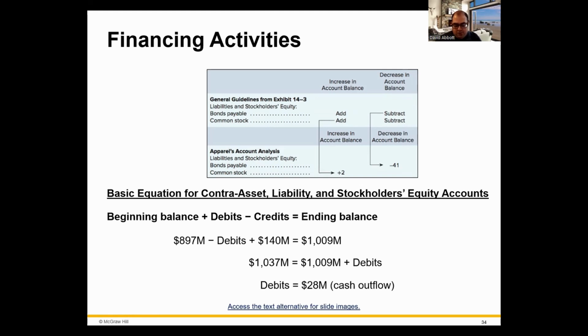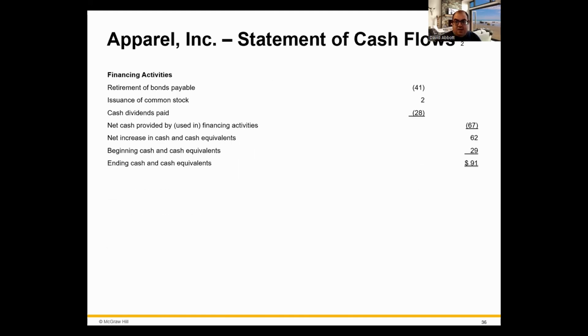Now, the balance in bonds payable decreased by 41 million because the assumptions state that Apparel did not issue any bonds during the year. The 41 million decrease relates to retiring bonds and represents a cash outflow.